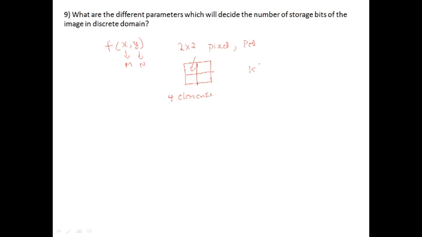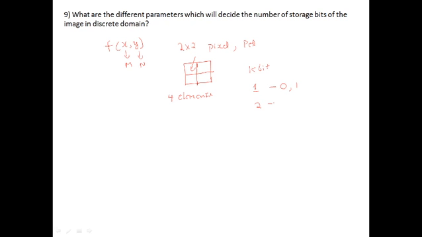If there is only one bit, you can make use of only two colors, either black or one. If you are using two bits, you will have four colors: 0 0, 0 1, 1 0 or 1 1. The total number of bits used for storage, if we consider a 1 bit image, there will be two rows and two columns into one, so it would be 4 bits of information.